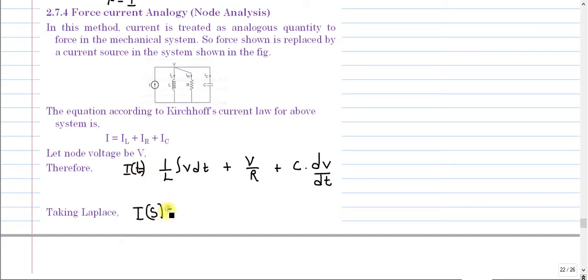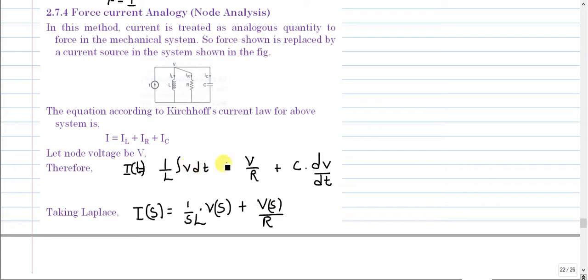I of S is equal to, since if you have an integration, when you write it in the form of Laplace, it will change to 1 by S. So 1 by S, with L in the denominator, multiplied by V of S, plus V of S by R.